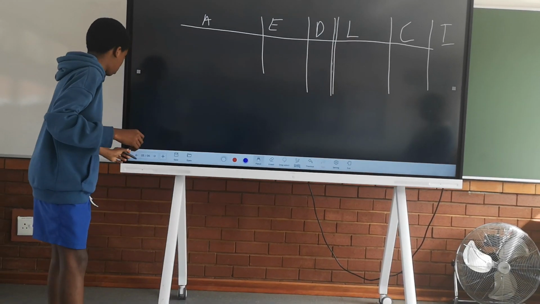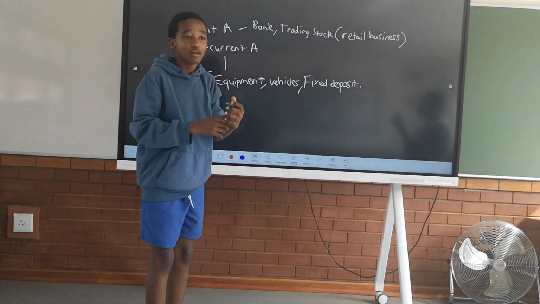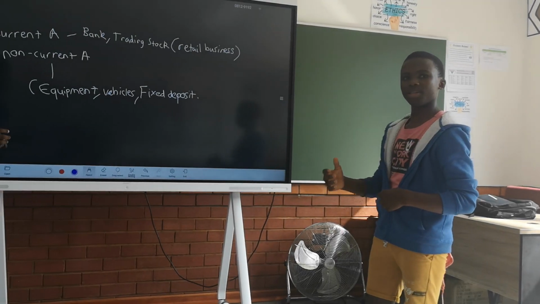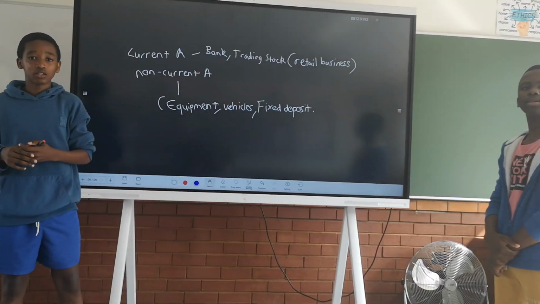Then what about land and buildings? Is it a non-current asset or a current asset? Yes. If the land and building lasts over a year, that means it's a non-current asset. So it falls under non-current assets, okay?